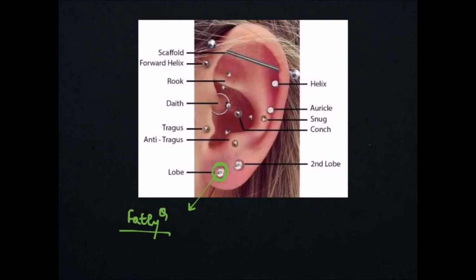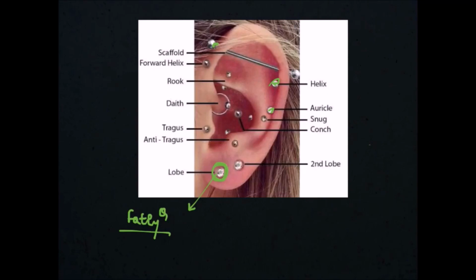But with the modern fashion, we have started piercing various other parts of the ear, and as we know, the other parts of the ear contain cartilage, and above the cartilage there is perichondrium, which has a nerve supply. So whenever we try to pierce it, that will cause intense pain. So we have to reduce the pain.